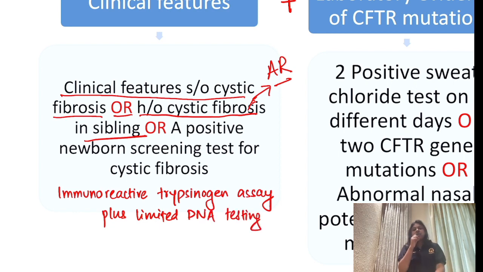So we do a dried blood spot for immunoreactive trypsinogen assay, IRT, plus limited DNA testing. So these are the three clinical features. One is a suggestive clinical feature, or there is a positive family history in a sibling, or there is a positive newborn screening test for cystic fibrosis.